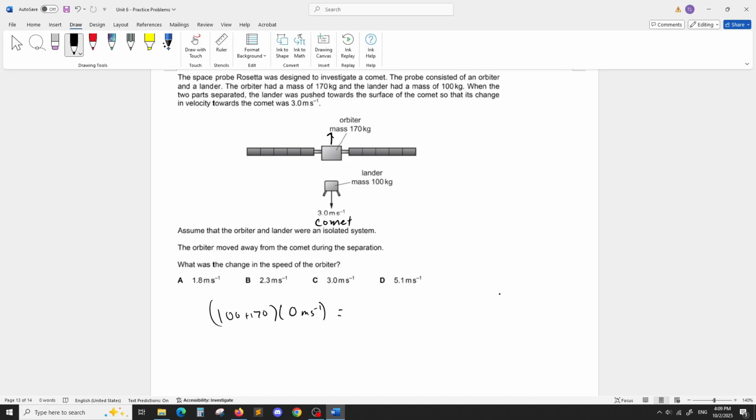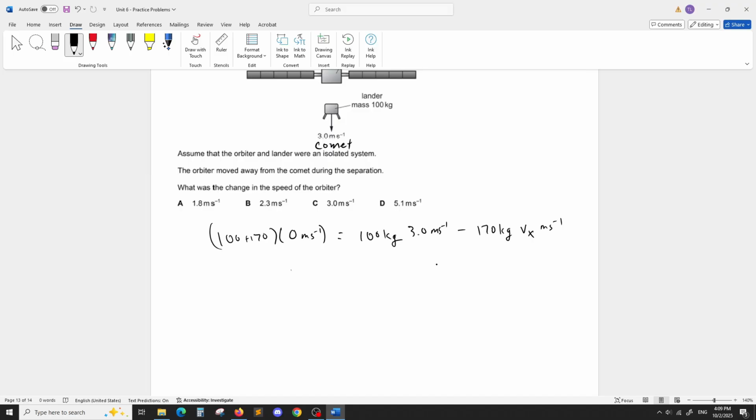is equal to 100 kg times 3.0 meters per second, minus 170 kg vx meters per second.